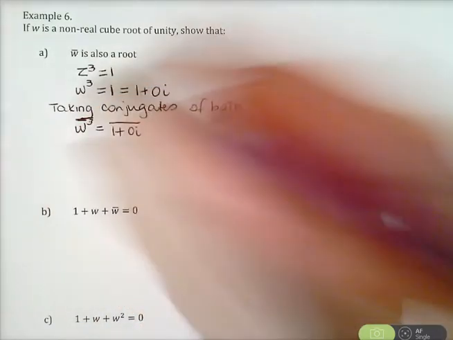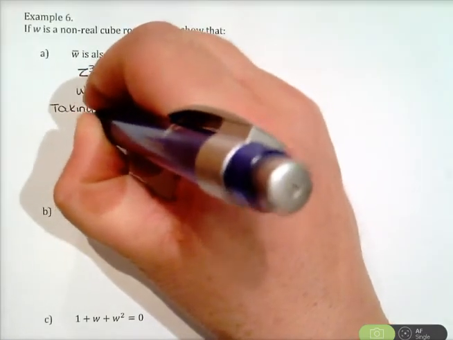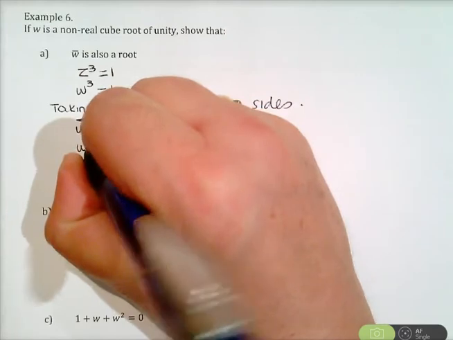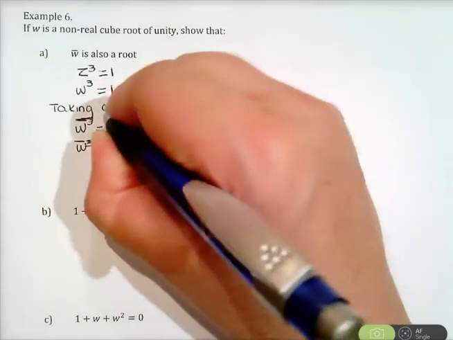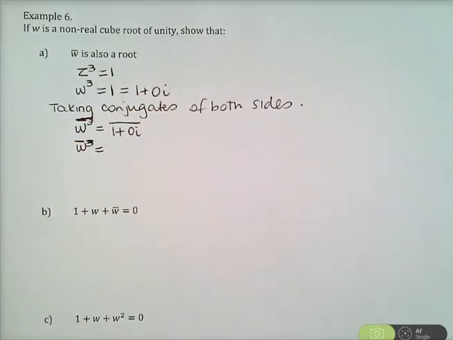There were many rules that we looked at earlier. If I take the conjugate of this power, then it's also equal to the power of the conjugate, okay? So the conjugate of w cubed is equal to the conjugate of w, cubed.